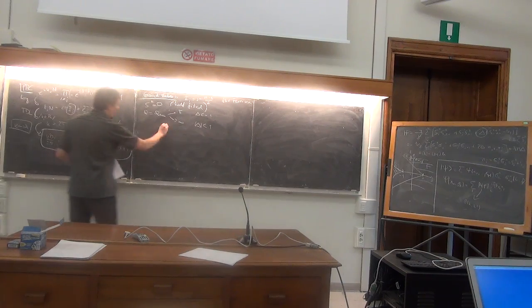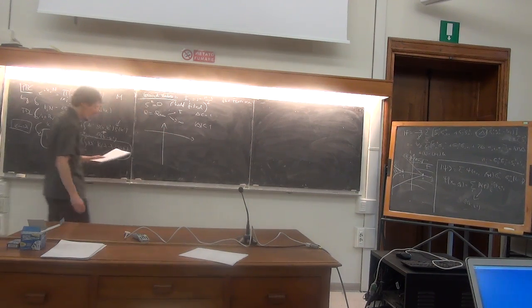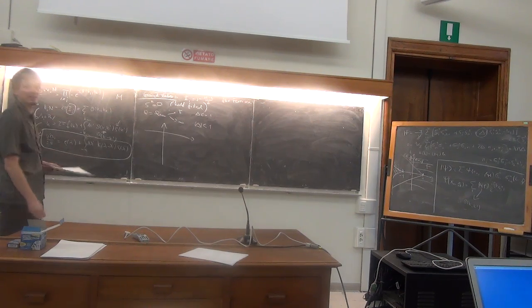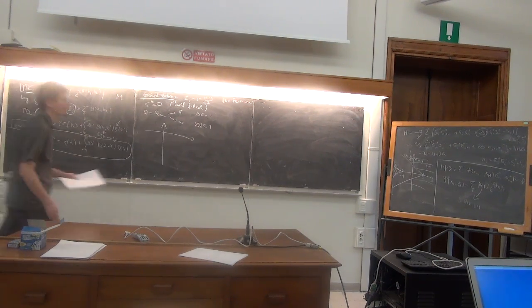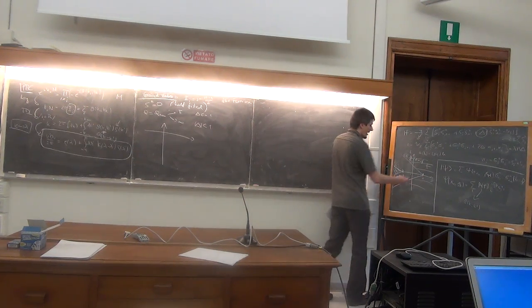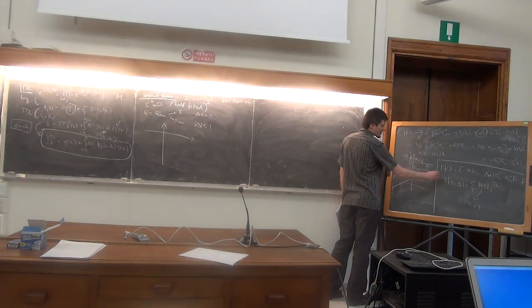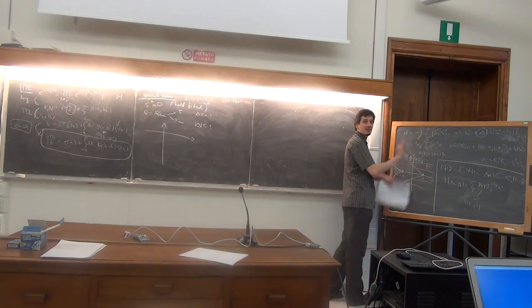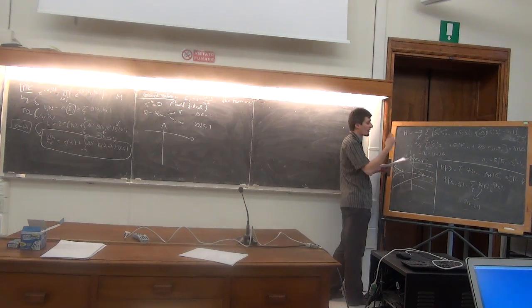Then you can plot the ground state energy we had in each phase. When I'm talking about ground states in phases, I'm not talking about this, because here we know the ground state is just the ferromagnetic reference state.